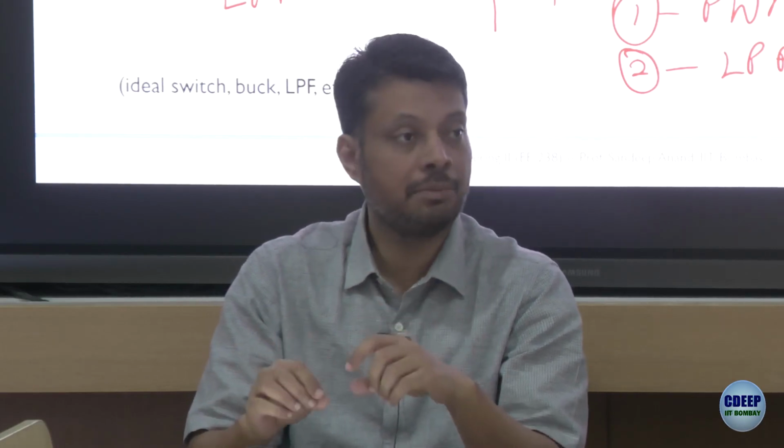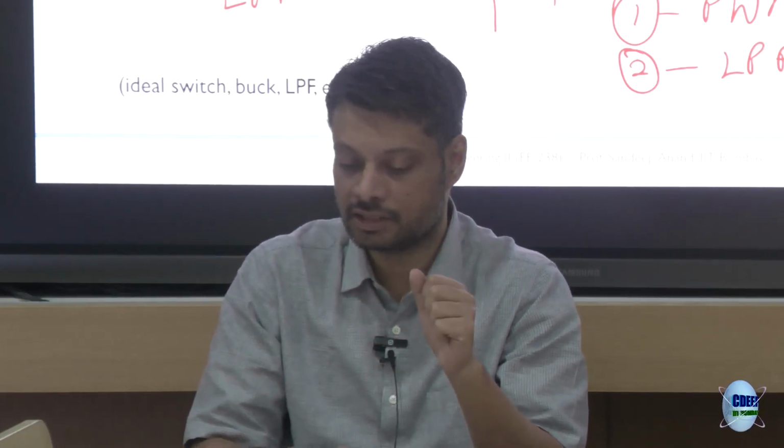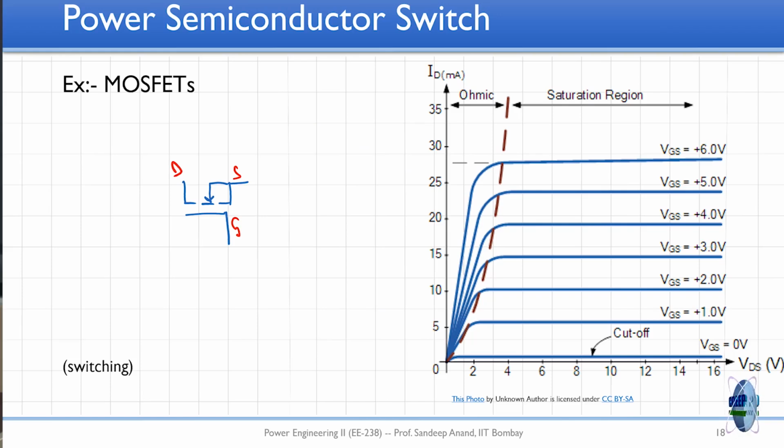You cannot talk about switching at 100 kilohertz, that means 100k times on and off in 1 second. You don't expect that with a mechanical switch. So this switch is very important for power electronics, and it could be, for example, a MOSFET. How do we use a MOSFET in this circuit? You can turn it on, so that your gate voltage is 6 volt. You are on the topmost characteristic. The x-axis is drain to source voltage, the y-axis is drain current.